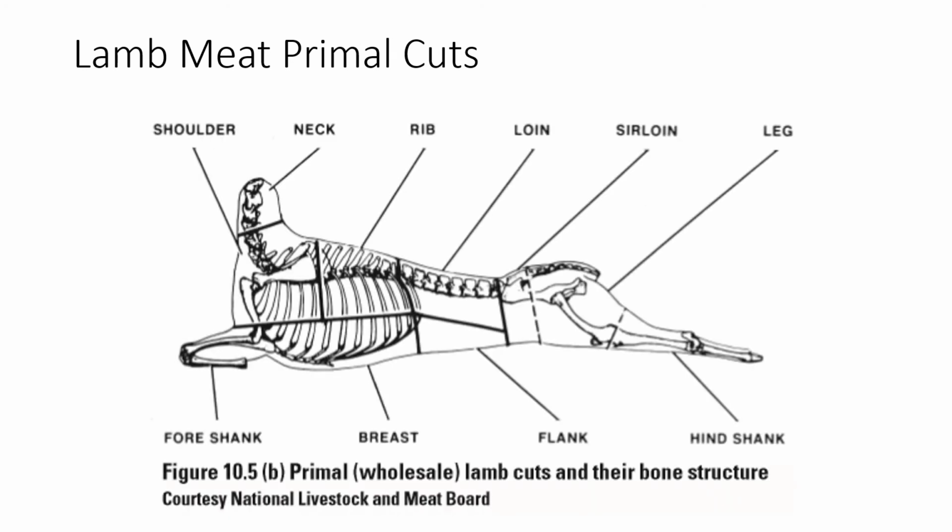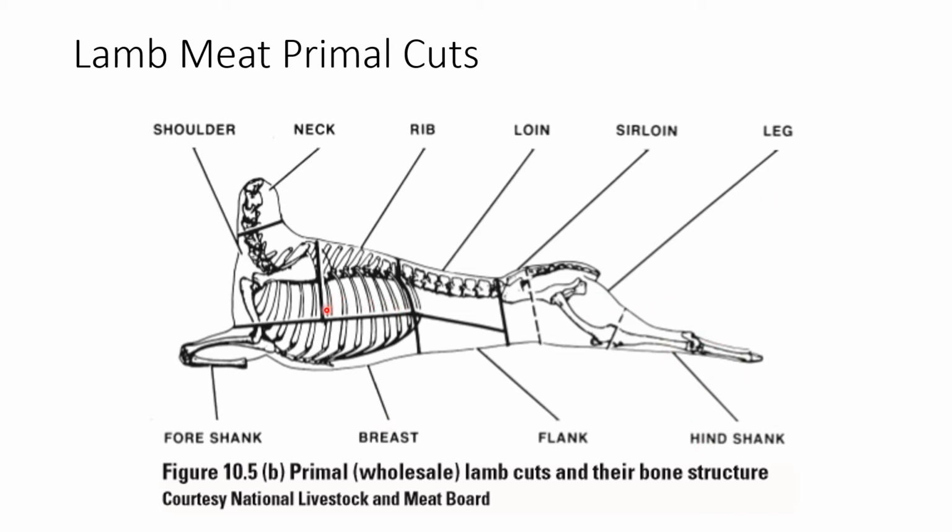Lamb meat primal cuts. So this is with the bone. To understand the structure with the bone on, this is what the cuts are like. Now, important things to note over here: terminology does not change. It all remains the same. You have the neck, the shoulder, the rib, which is called hotel rack earlier, and the breast over here, which is also called the plate, and you have the foreshank and the flank over here, the hind shank, and the leg.